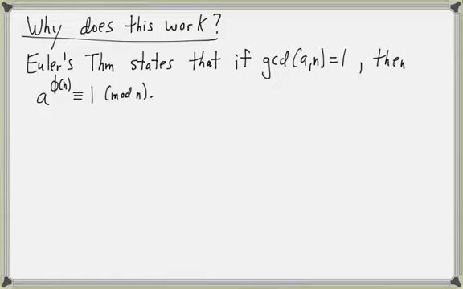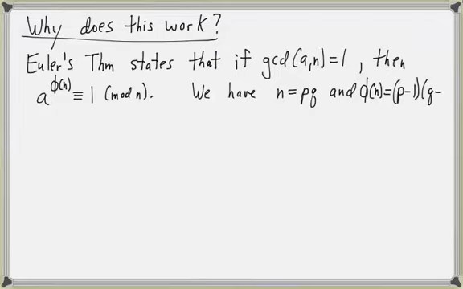So in our situation, we have a modulus N, which is P times Q, and we have phi of N, which equals P minus 1 times Q minus 1.